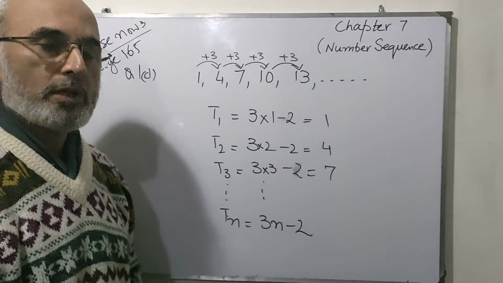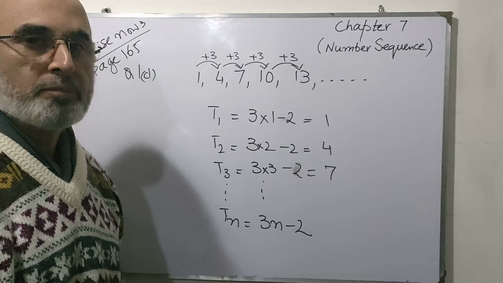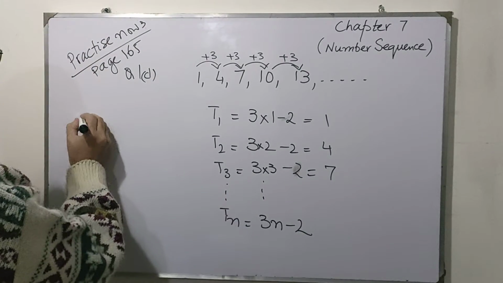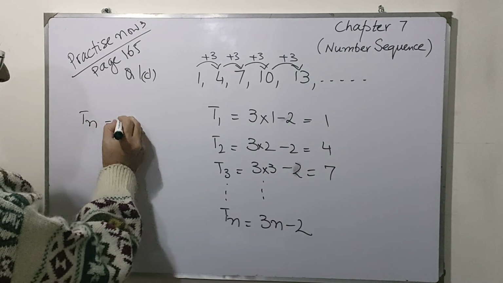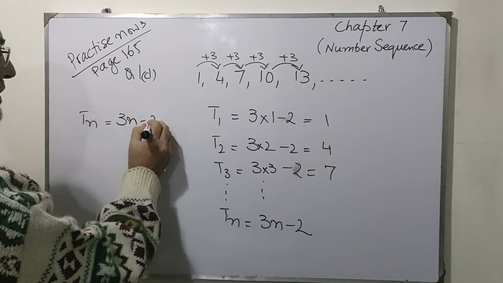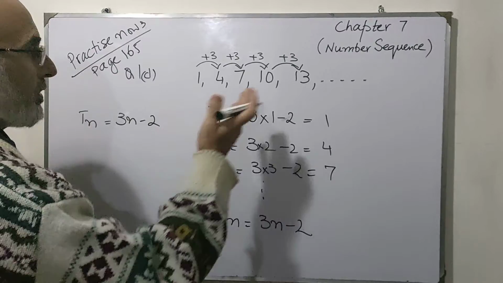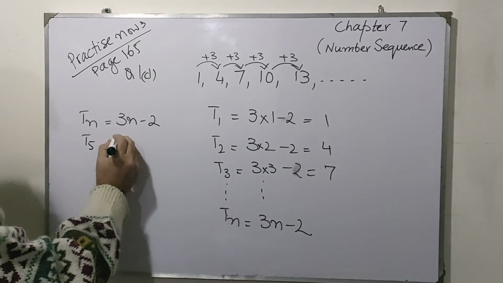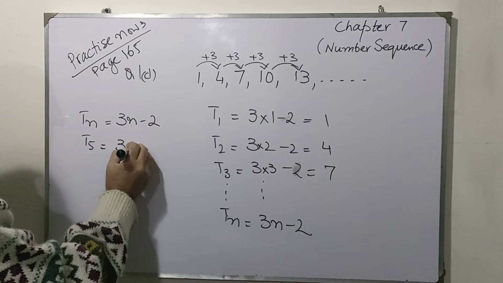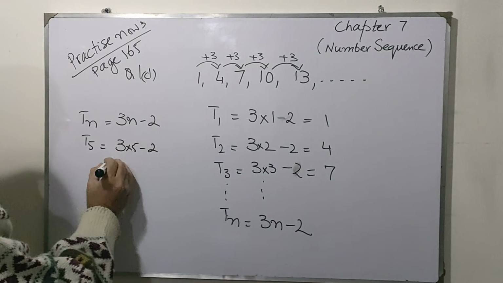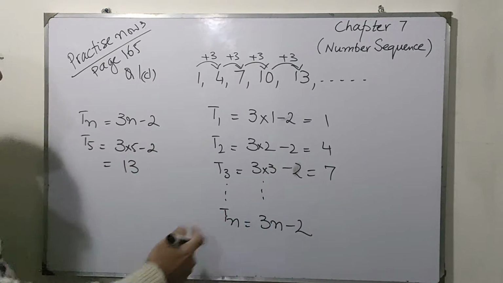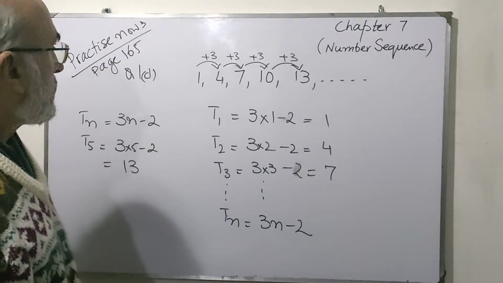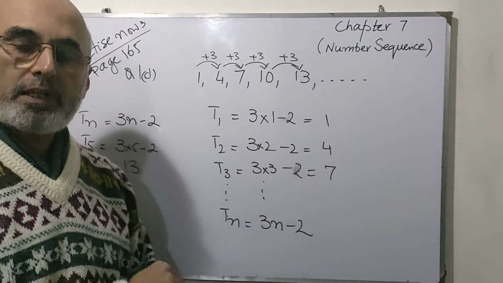So we have our formula here, general term here, nth term here. Using this nth term, Tn is equal to 3n minus 2, let's figure out the fifth term. T5 is 3 into 5 minus 2, which is 13. So this formula is working. Okay? So let's do question number 2 of the same practice now.